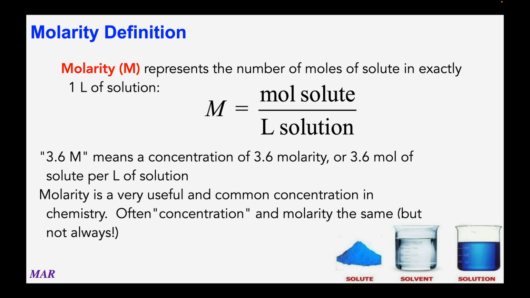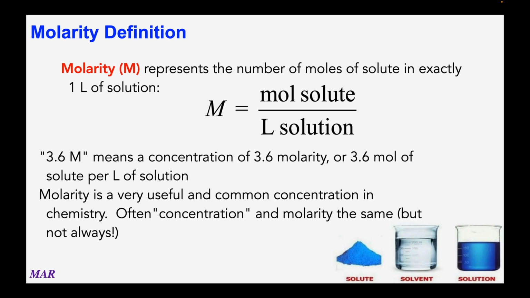So chemists will talk about these with molarity, and molarity is the moles of solute per liter of solution. And molarity is just a number. Like if you saw 3.6 M, that would be 3.6 molarity, which means 3.6 moles of solute in a liter of solution.